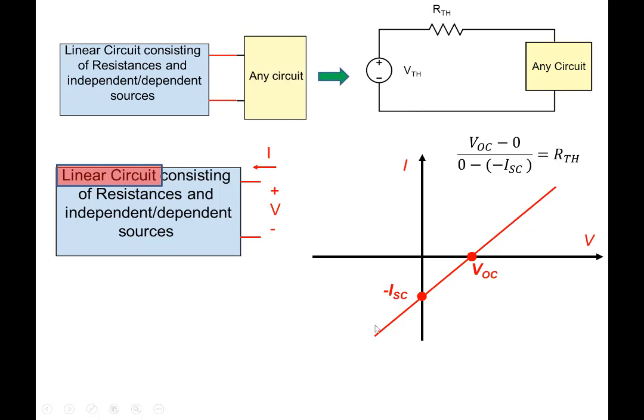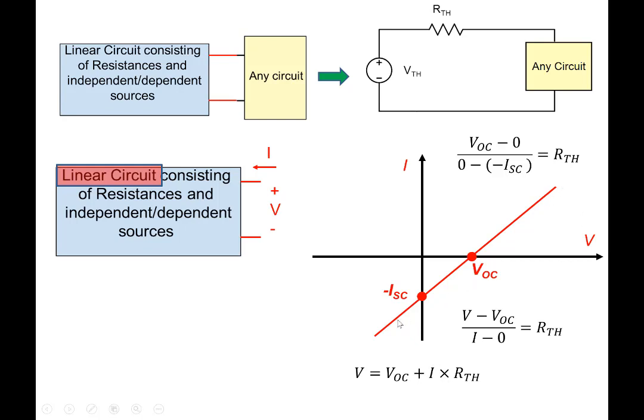Now we can write the general expression for this straight line. If I choose any point, let's say where the voltage is V and the current is I, we can write (V minus VOC) over (I minus 0) is equal to RTH, right? So a general expression we can obtain, and we can write it like this: V equals VOC plus I times RTH.